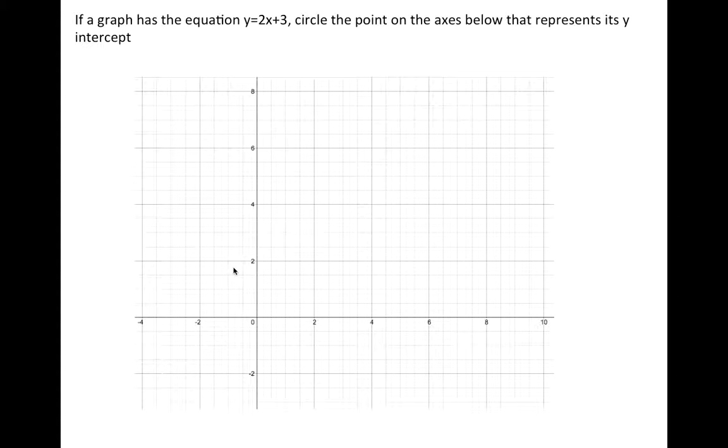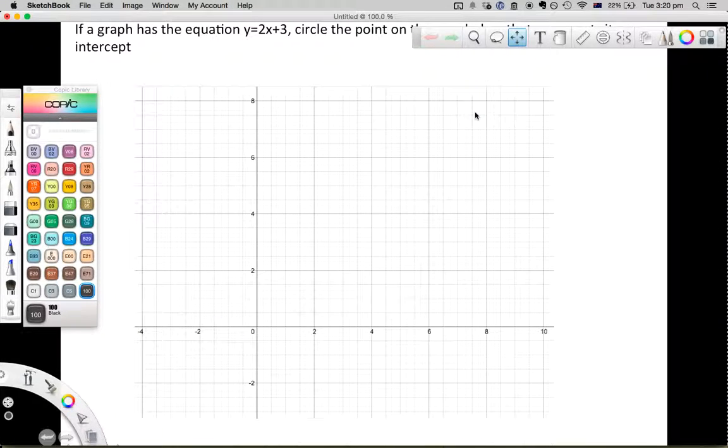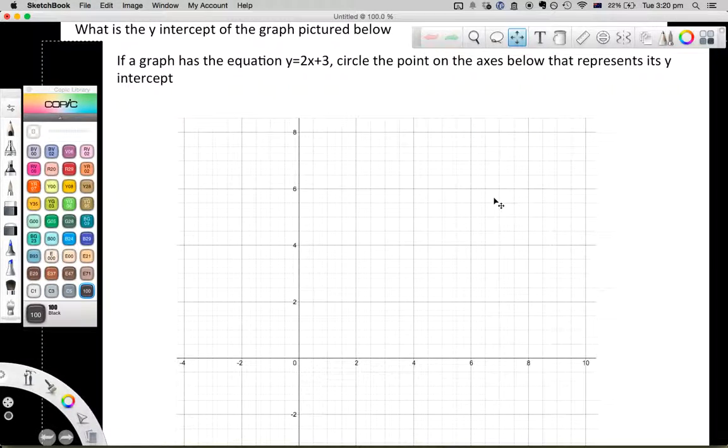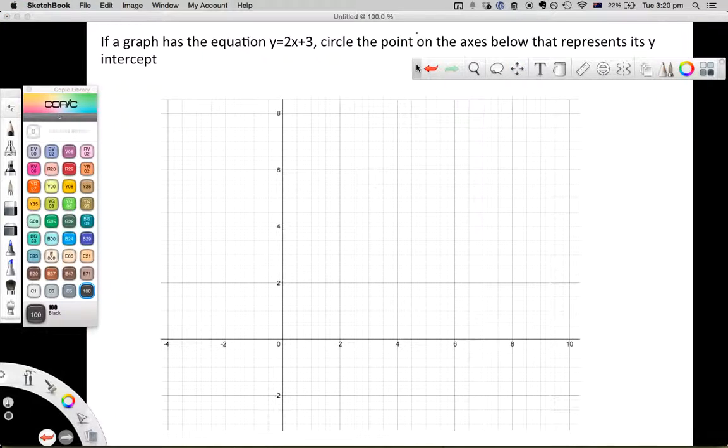Another question. If a graph has the equation y equals 2x plus 3, circle the point on the axis below that represents its y-intercept. Again, we'll paste this one here. Drag it down a bit so we can see the question this time. I'll leave it like that. Okay, so circle the point.